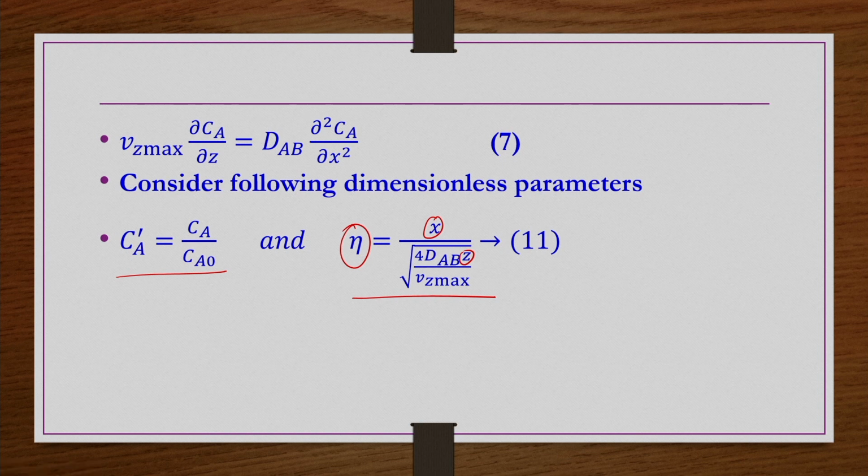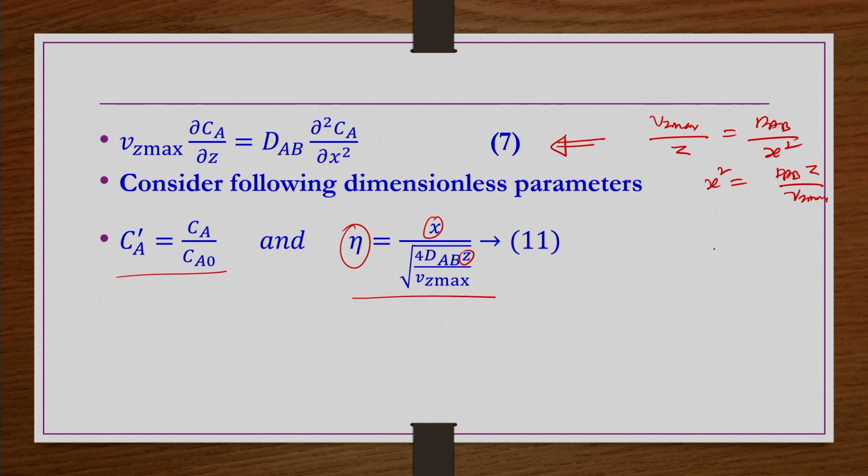How do you get this expression? From this equation we can write Vz max divided by z equals dAb divided by x square. So x square equals dAb z by Vz max.